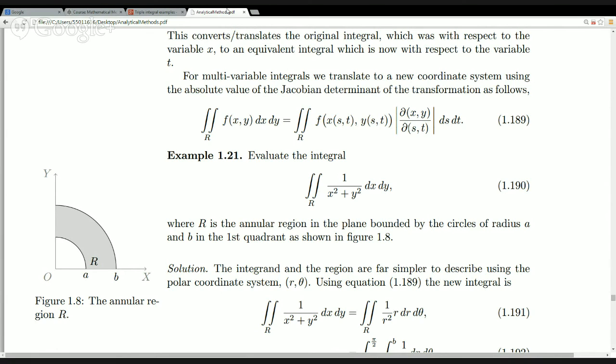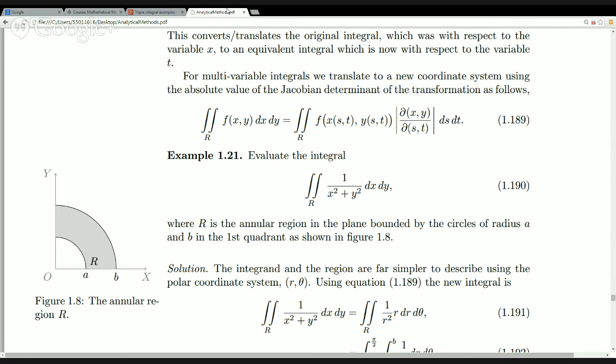So find the mass of a sphere with radius a whose density is inversely proportional to the square of the distance from the sphere center. As you move away from the center of the sphere, the material becomes less dense.